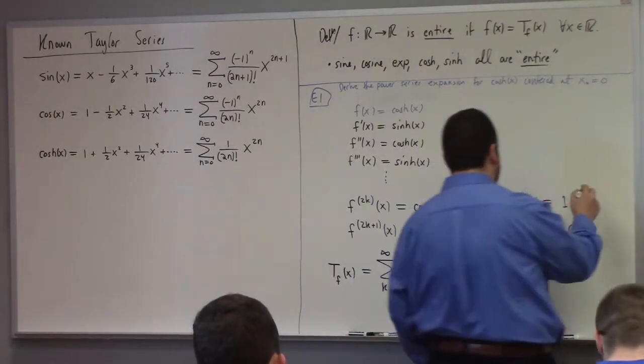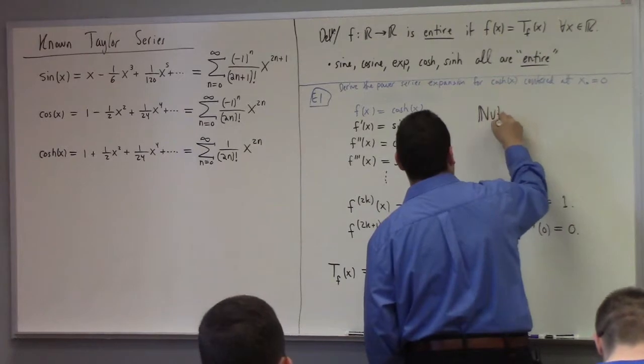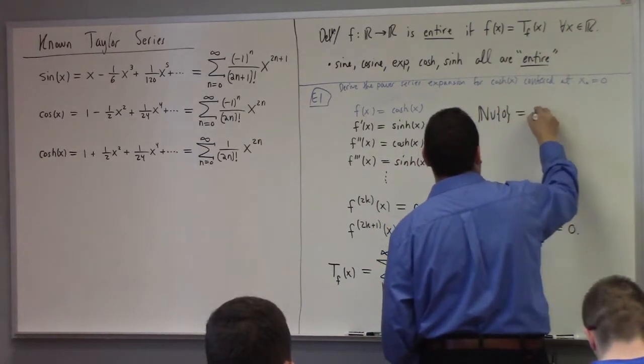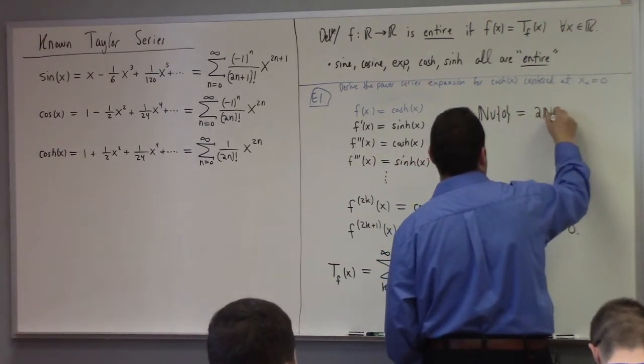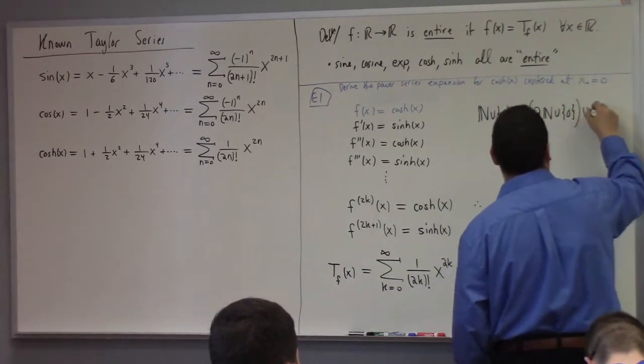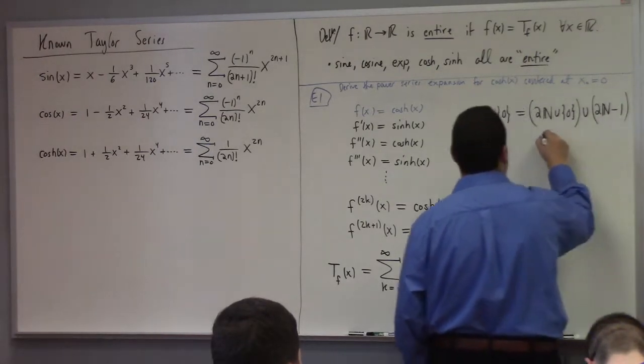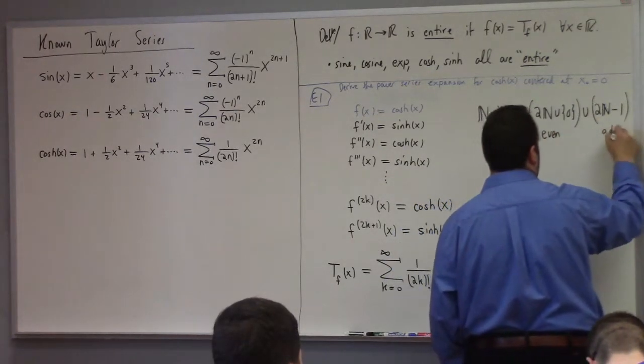So if I look at all natural numbers, I have 2 times the natural numbers union with 0, or I have 2n minus 1. I have even, I have odd, right?